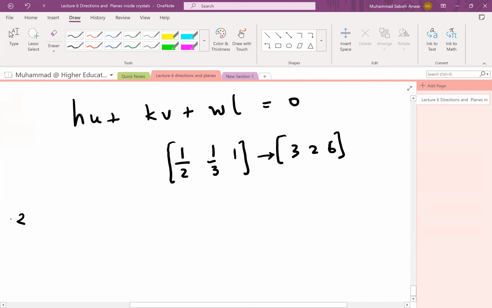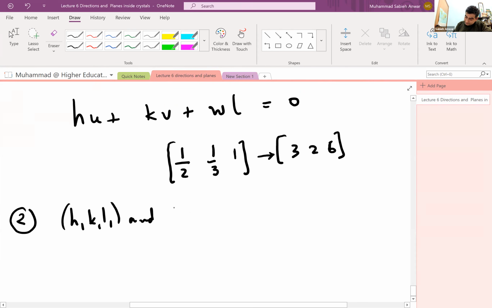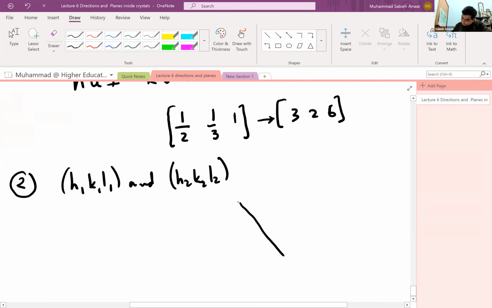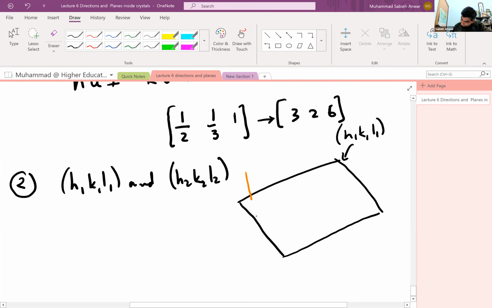Now the second point I would like to highlight is that if I have two planes, H1 K1 L1 and H2 K2 L2, I draw two planes. This is one plane, H1 K1 L1, and then I draw another plane, H2 K2 L2.